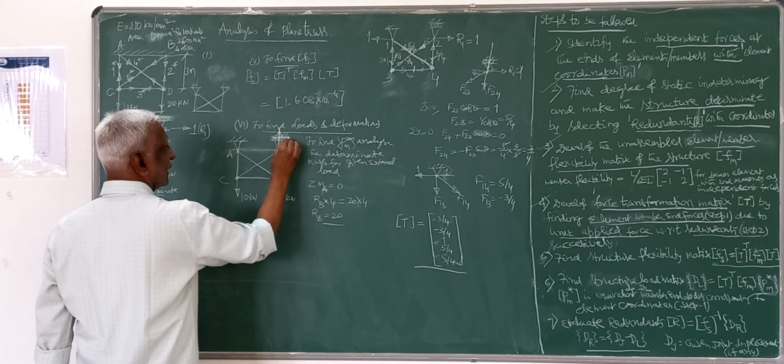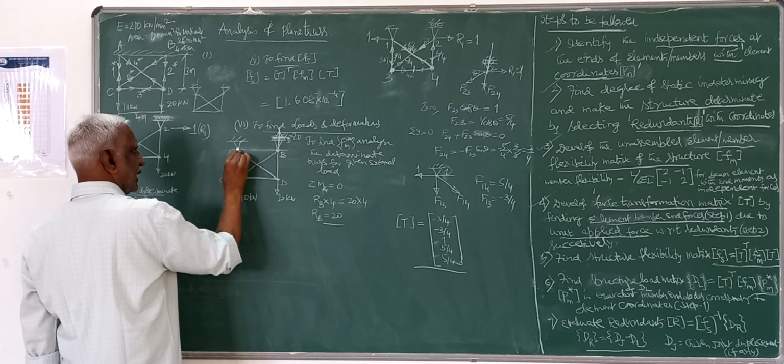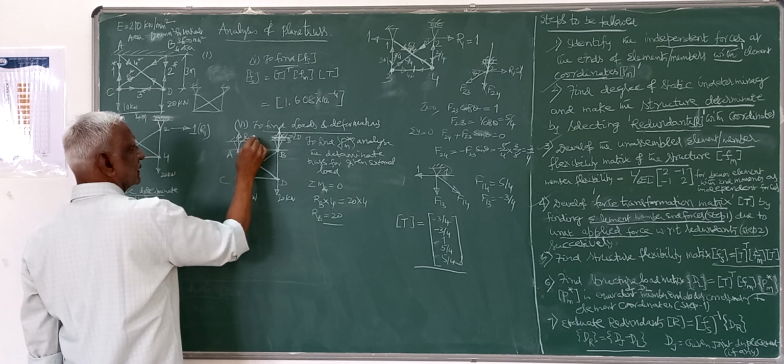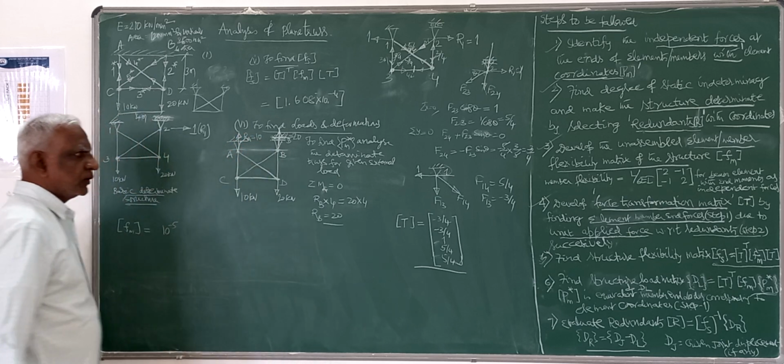So this reaction B is 20. On the same lines, this reaction A is 10 kilonewtons.